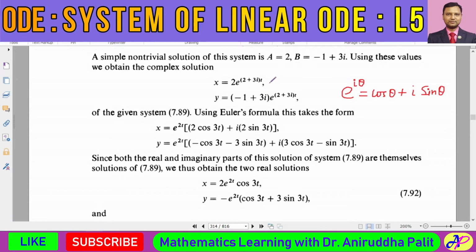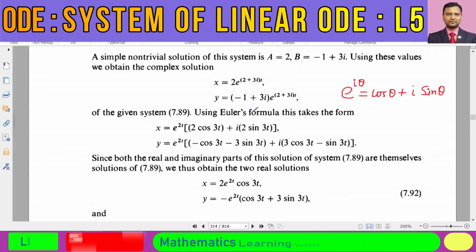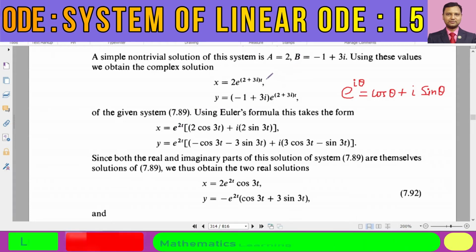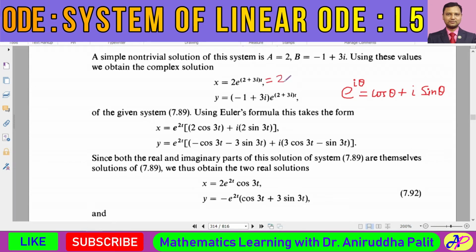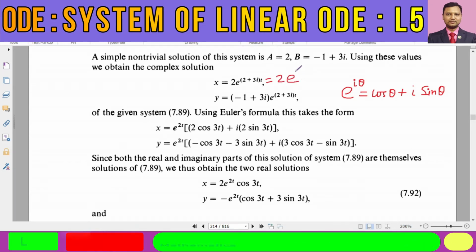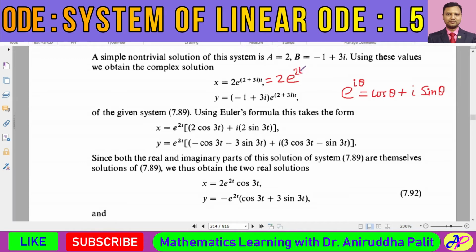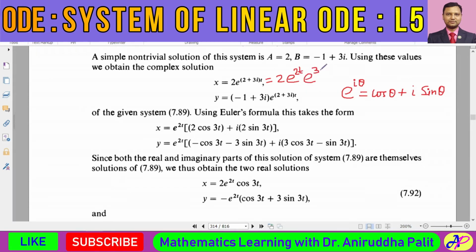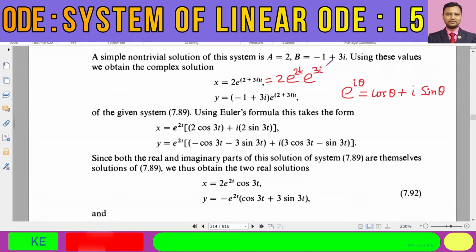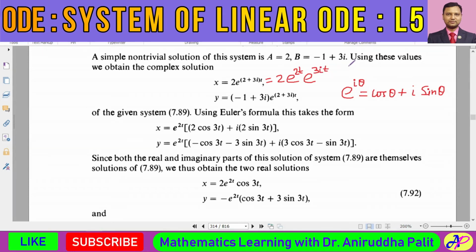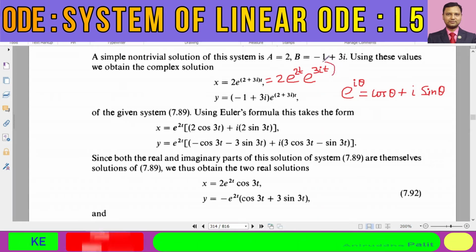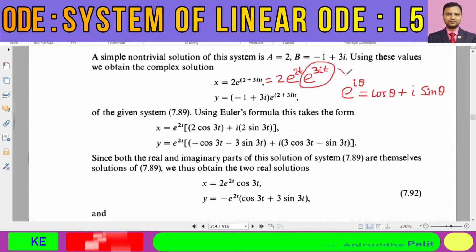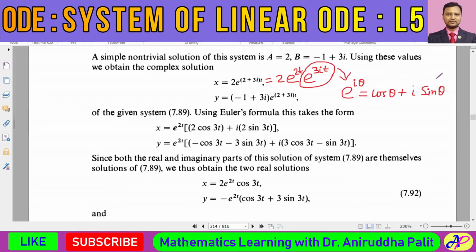You see, this x can be written as 2 into e to the power of 2t into e to the power of 3it. Whenever e to the power of 3it appears, it is to be replaced using this formula.